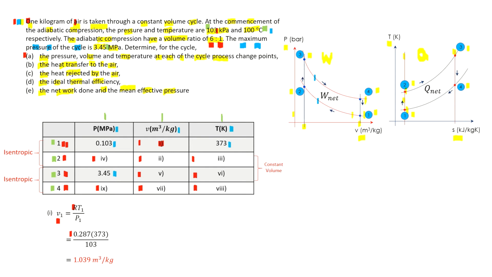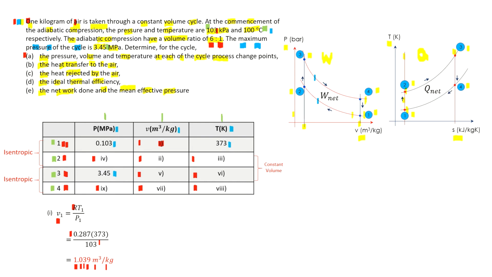So you can straight away put 103, which is in kilo, and then your R here, which is 0.287, is also in kilo. So you are safe by not multiplying the 10 power of 3 on both of these, 0.287 and 103. So what you get is your specific volume of 1.039 meter cube per kg, or it can be in meter cube as well, because the mass is 1 kg.